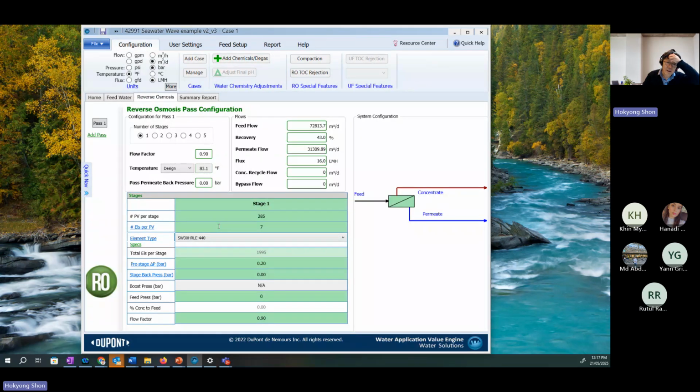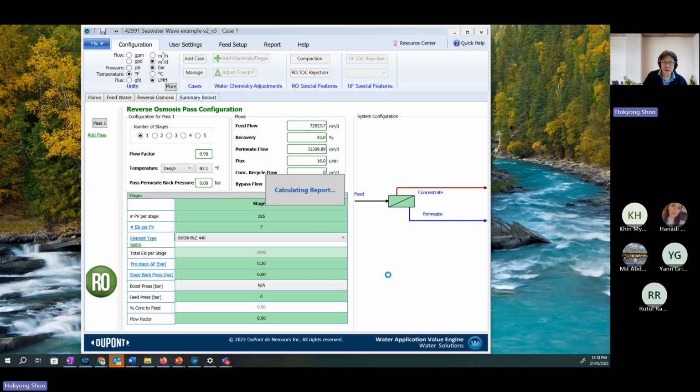I think that you may get the error message, or you cannot generate the summary report, because your design of this element, pressure vessel, and then feed flow rate, permeate flow rate, and recovery would not be correct. So you can just refer to some of the example files from the library and try to change.